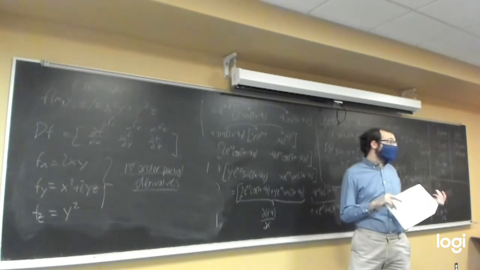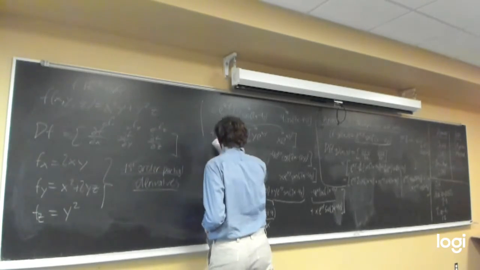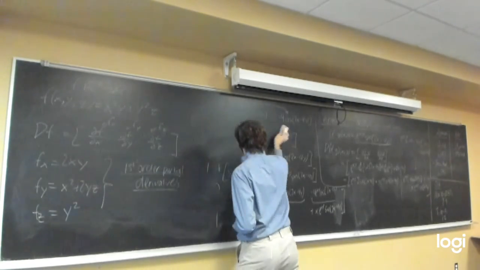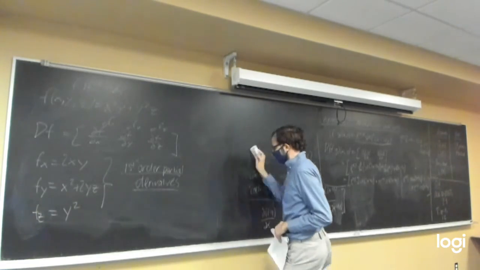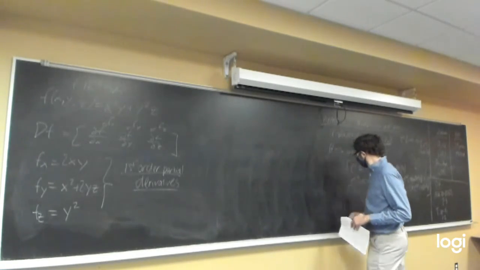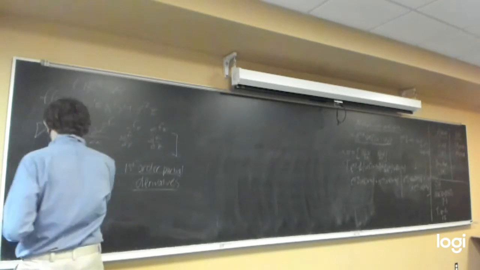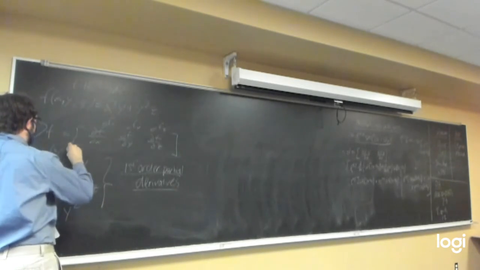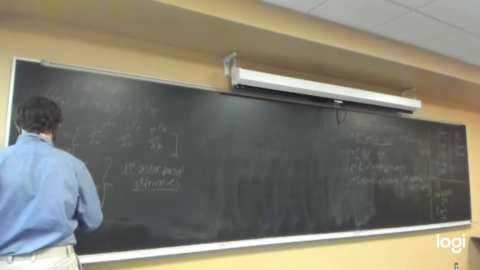But you can do second order partial derivatives, where we differentiate these new functions, because all of these are still going to be functions from R3 to R. All of these you could think of as functions that take in an x, y, and z input and spit out the corresponding expressions.